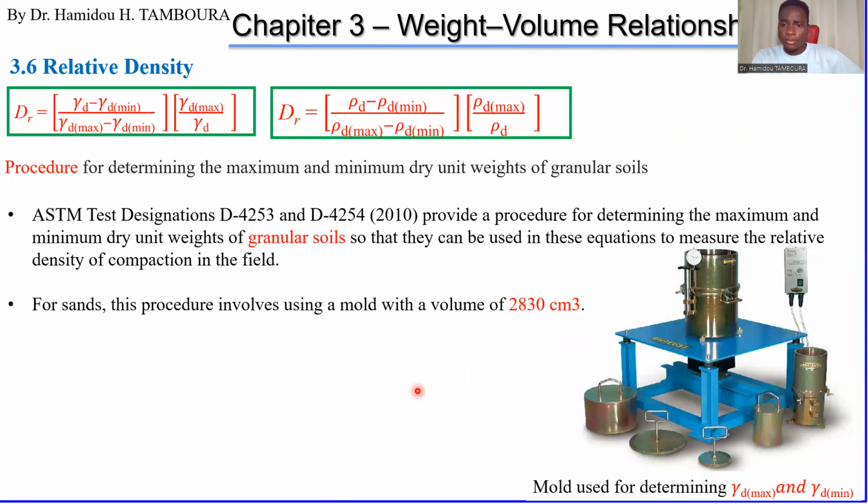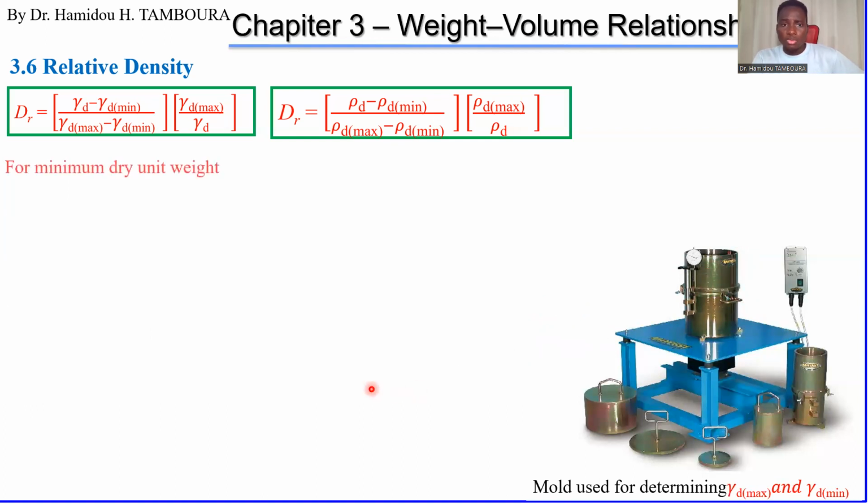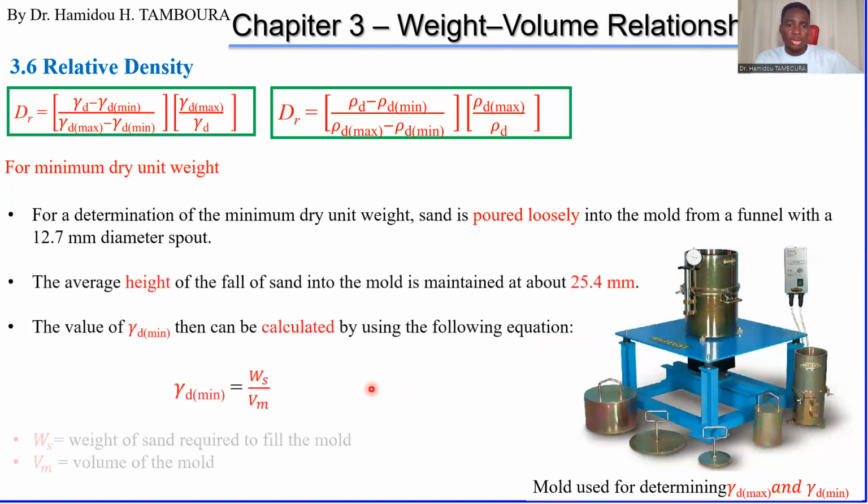So empty mold, you know the weight, and full mold, you take the weight of the full mold minus the weight of the empty mold. You will obtain the weight of your soil, and the volume also, you know. So in that case, it's easy to obtain the minimum dry unit weight.